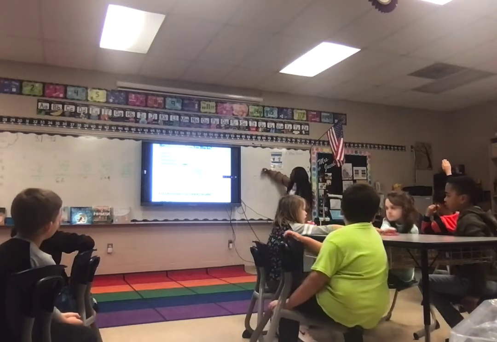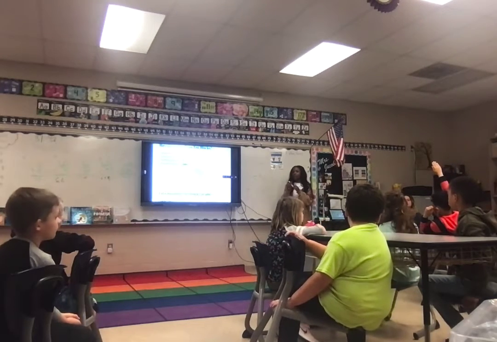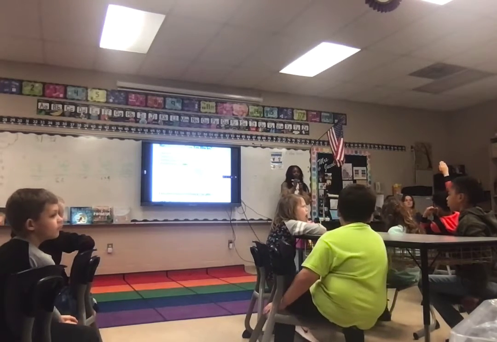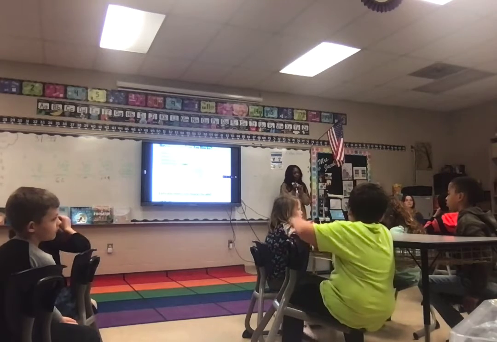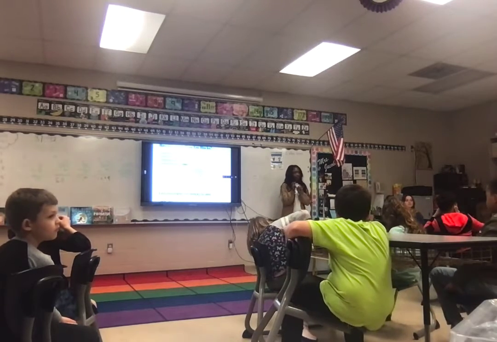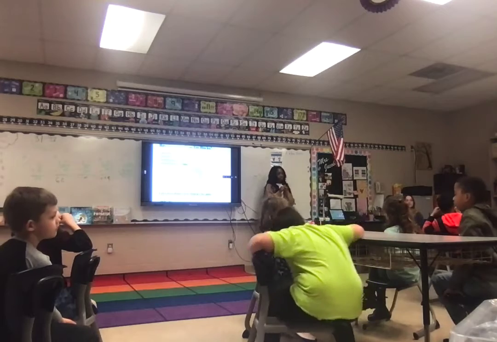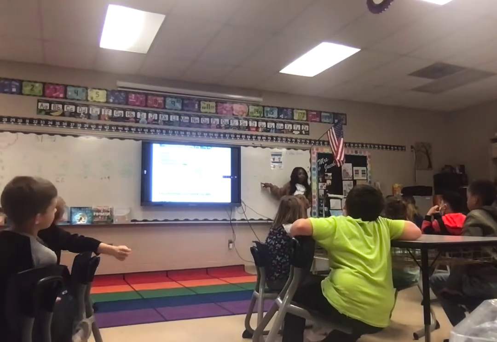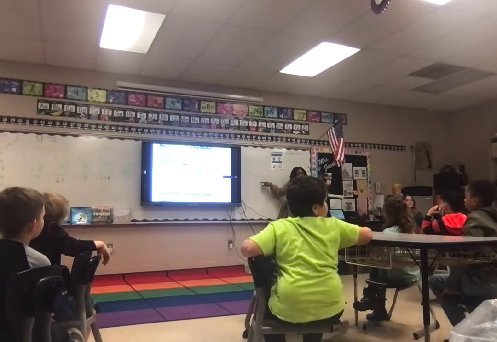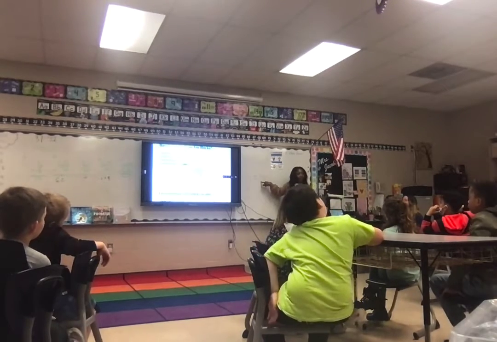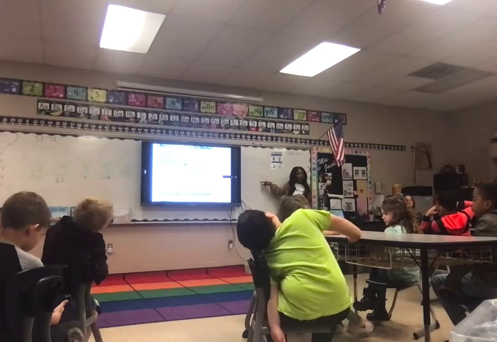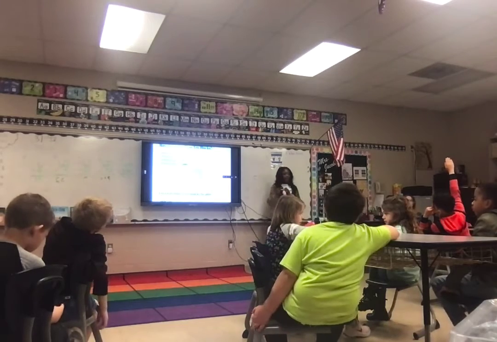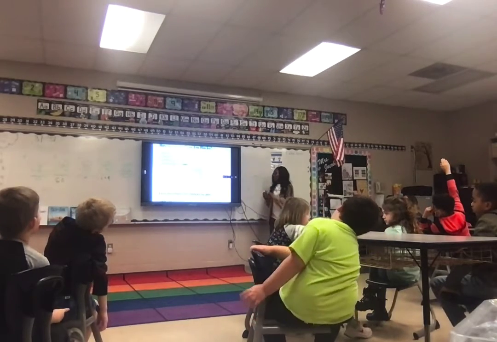And then for this number 2 right here, which base 10 block will we use? Hundreds, okay, and it'll be called a flat, correct, good job.